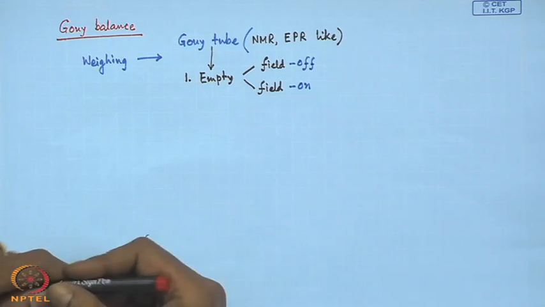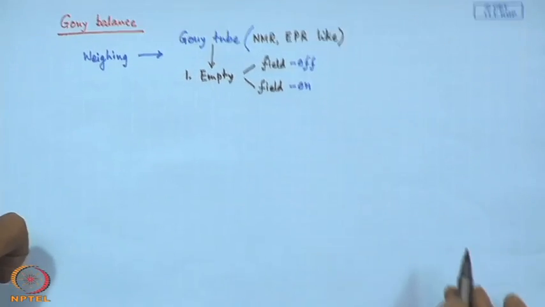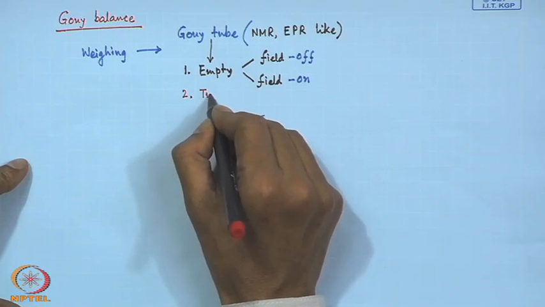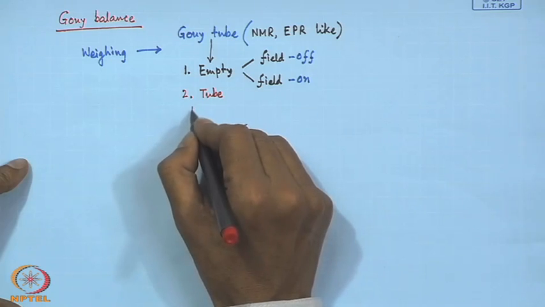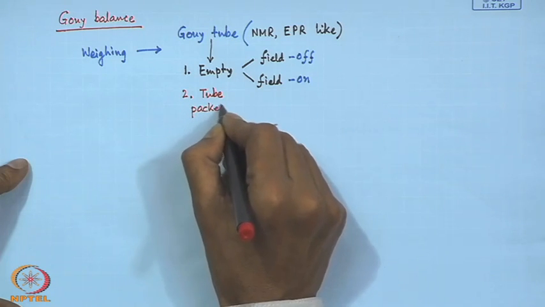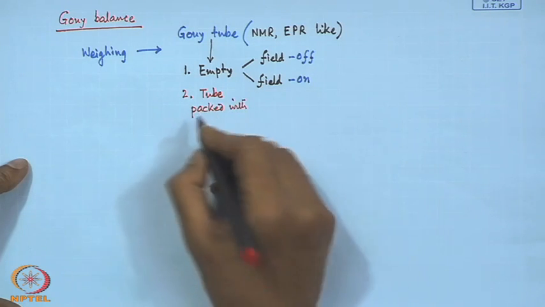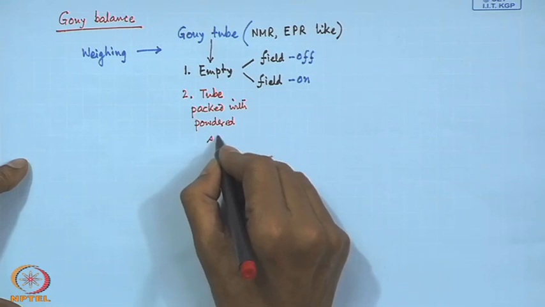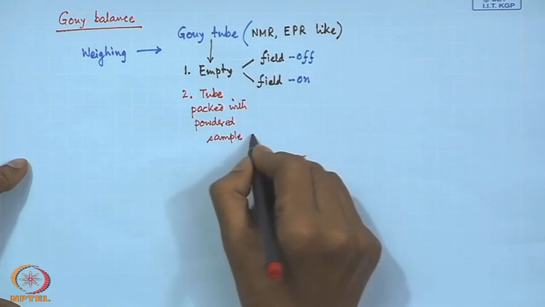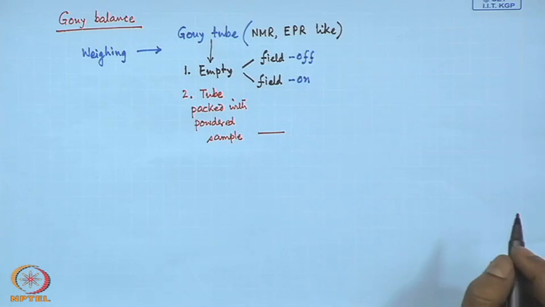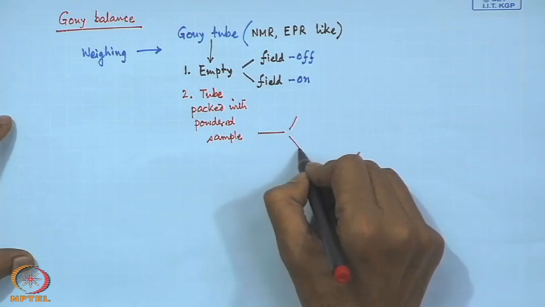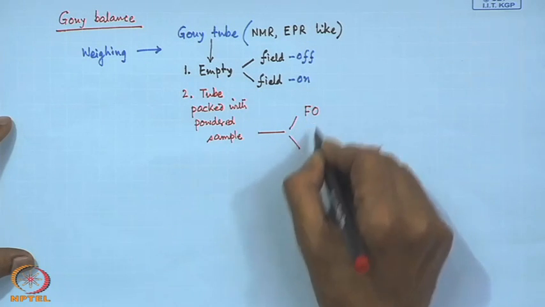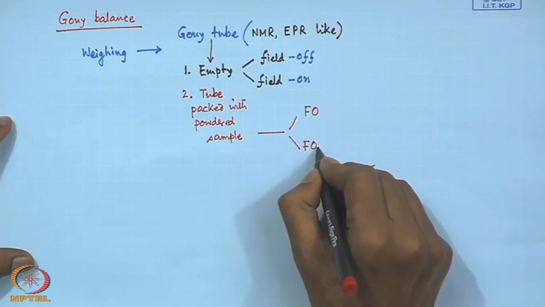Then in the second step, the tube will be packed with powdered sample. The powdered sample of the compound is packed, and then again we take these two weights, that means the field off situation and the field on situation.